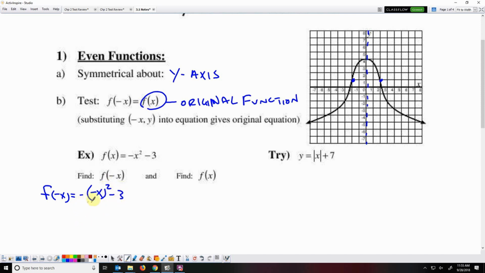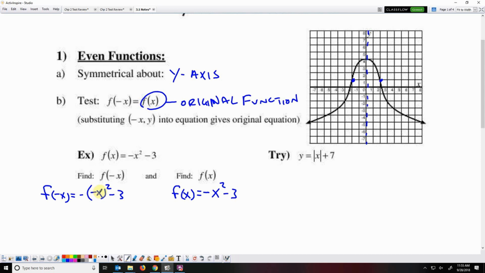And f of x, the original function, was negative x squared minus 3. Mathematically, are these two exactly the same? And if they are, then there is symmetry about the y-axis.